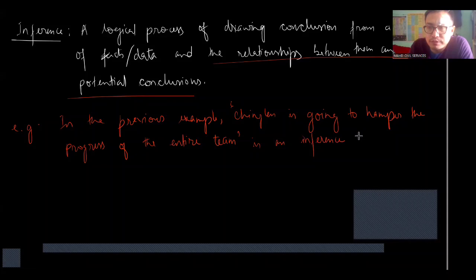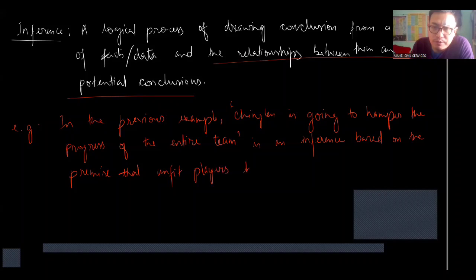It is an inference based on the premise that unfit players hamper the progress of the entire team.